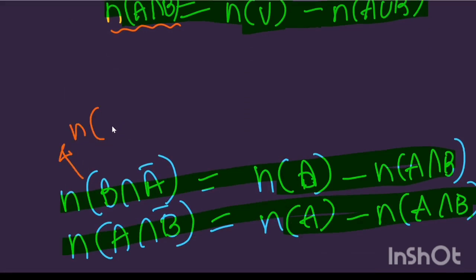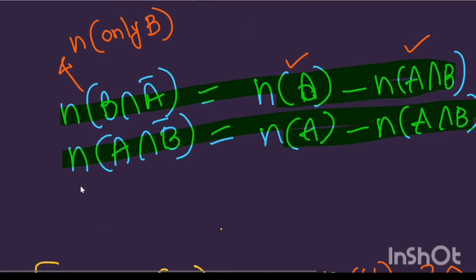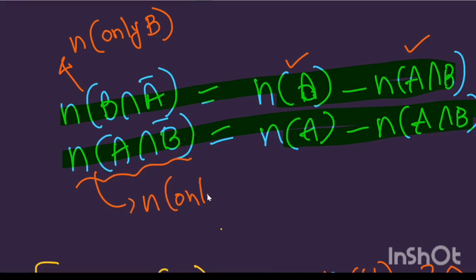This is known alternatively as only B, which is nB minus nA intersection B. And similarly, nA intersection B bar we call n only A, and it is nA minus nA intersection B.